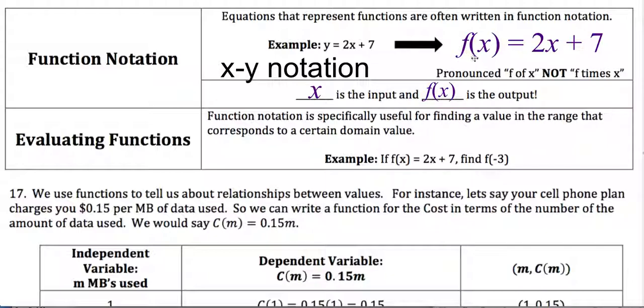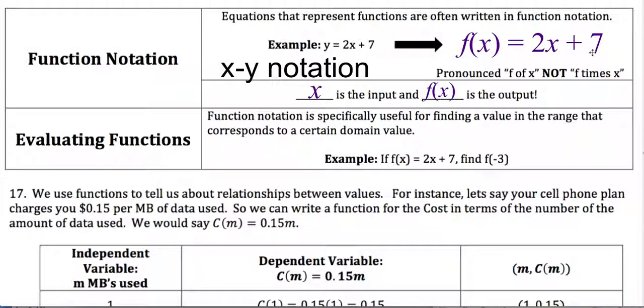So this is f of x. And so instead of writing y, we're writing what we call functional notation, f of x, which basically says the output once you substitute in the x value. So again, there's that output and input. So y equals 2x plus 7 in xy notation becomes f of x equals 2x plus 7.